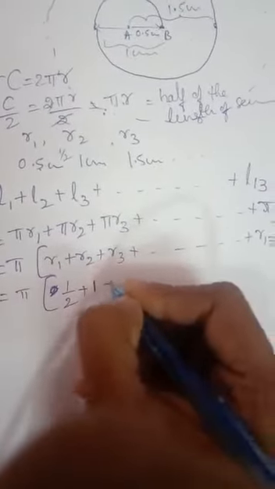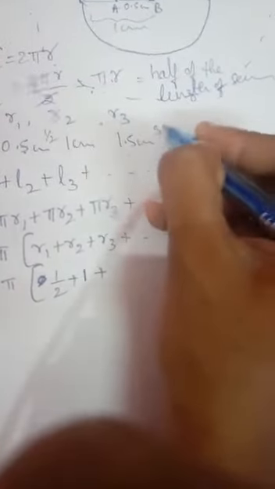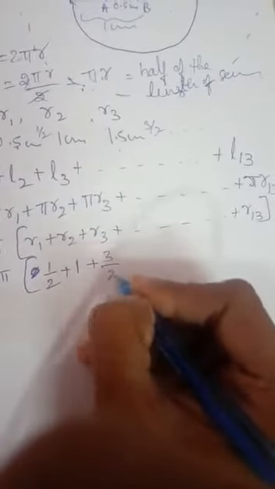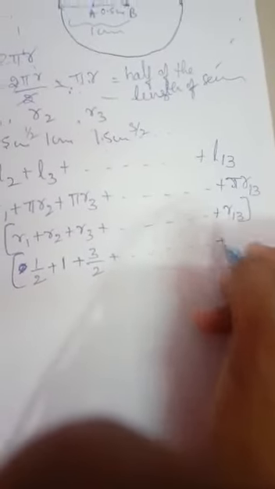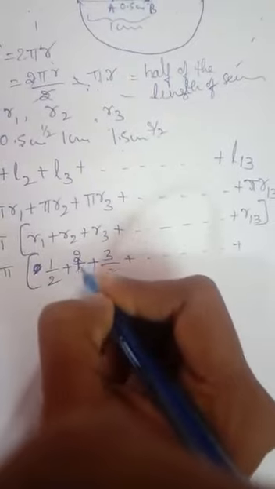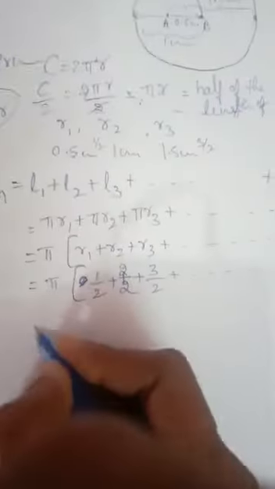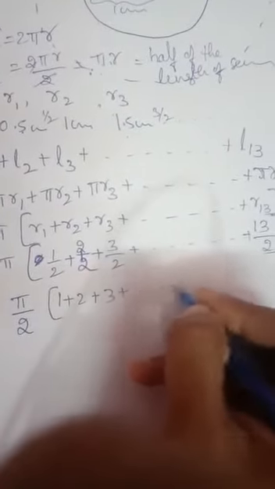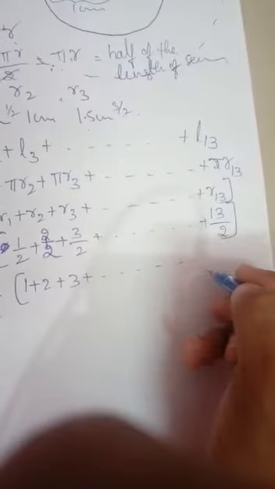R2 is equal to 1, which is 2 by 2. R3 is 1.5, which can be written as 3 by 2. Therefore, R13 is 13 by 2. Since 2 is common in all terms, we take it common: 1 plus 2 plus 3 and so on up to 13.